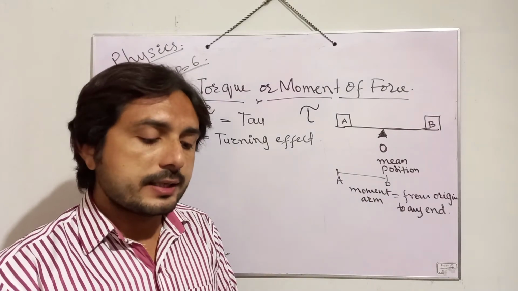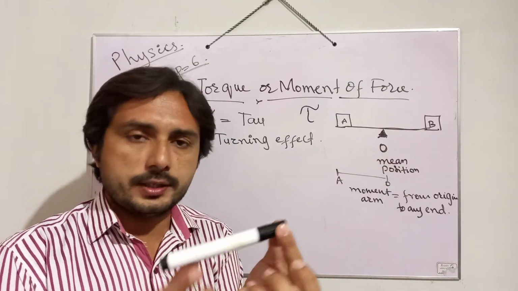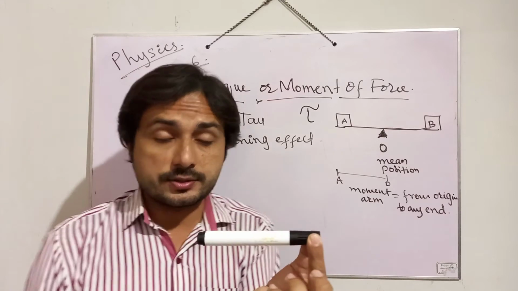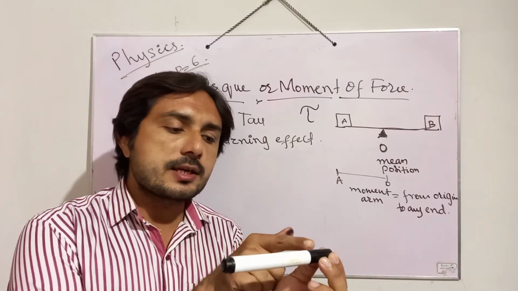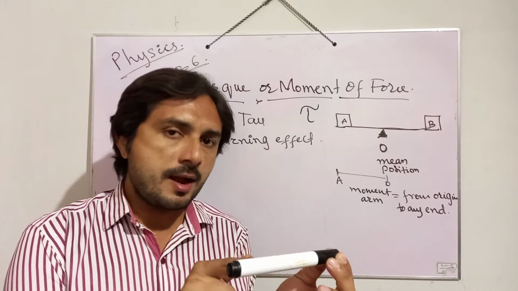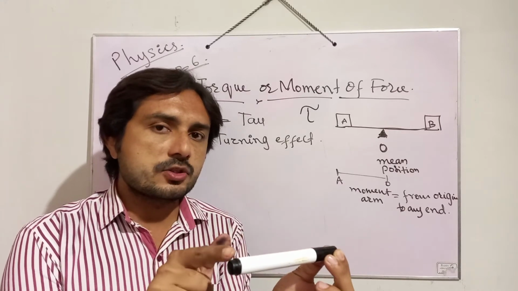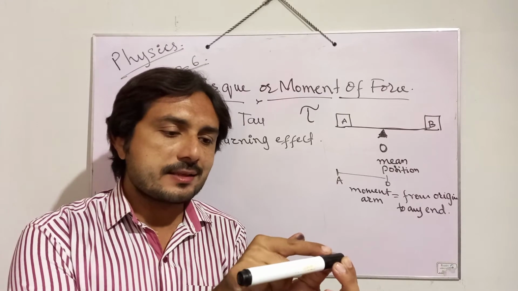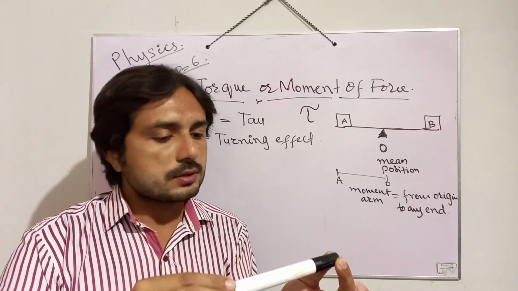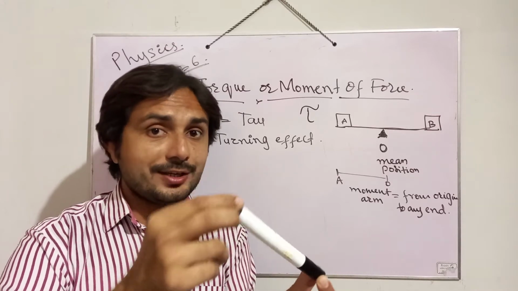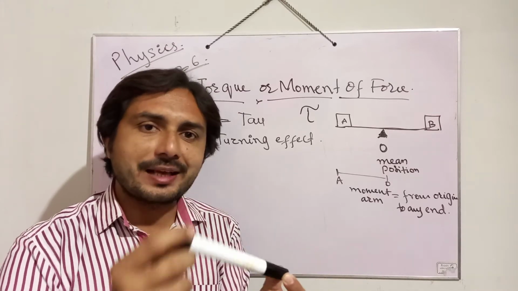It is not necessary that the fixed point is always in the center of a body. That fixed point can be at the corner, like the door. You can see the door is fixed from one end, and the complete door is the moment arm, because this is the fixed point and this complete distance is the moment arm. Like the door opens like this, so it is turning, so it has the turning effect.